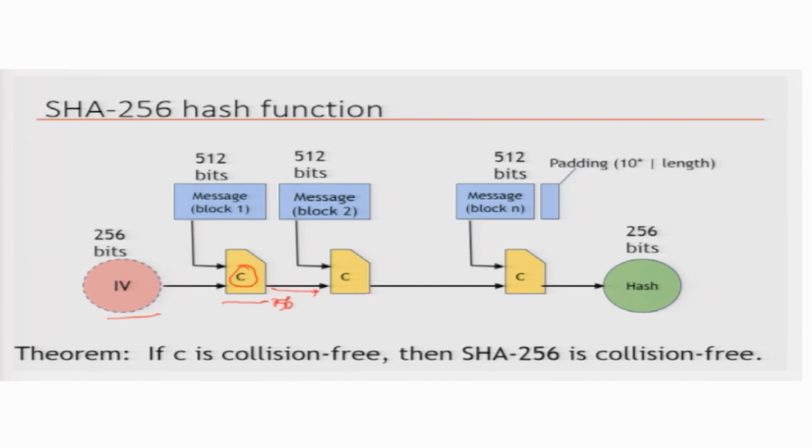So, this is 256, this is 256 and so on, and this is 512. They come out as another 256 bits and you apply this in a chain until all the 512-bit chunks, including the one with the padding, have finished, and then what you get out is a 256-bit number.